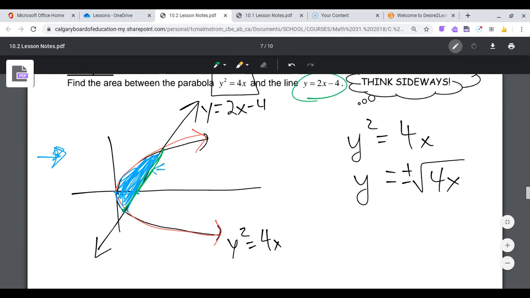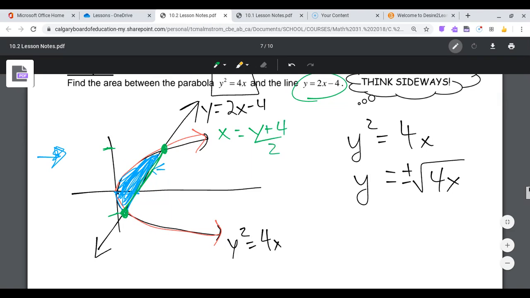So the other part would be that I need to know what these intersections are. I'm going to work in terms of y in this question because I'm looking at it from a sideways perspective. So I want to know what the y values are instead of the x values. In order to do that, I need them to say x equals. So the upper one would be x equal to y plus 4, divided by 2.